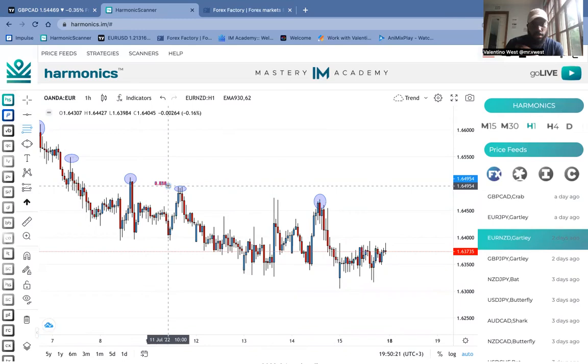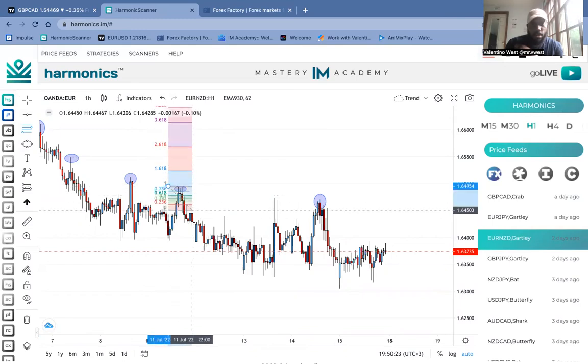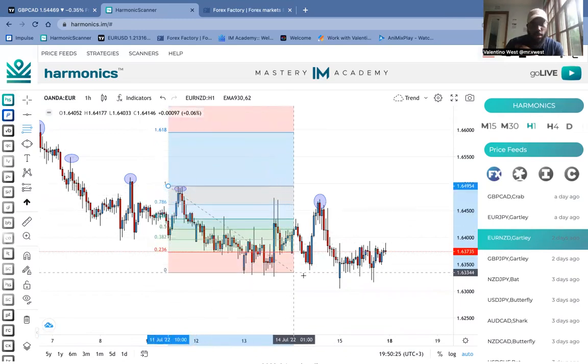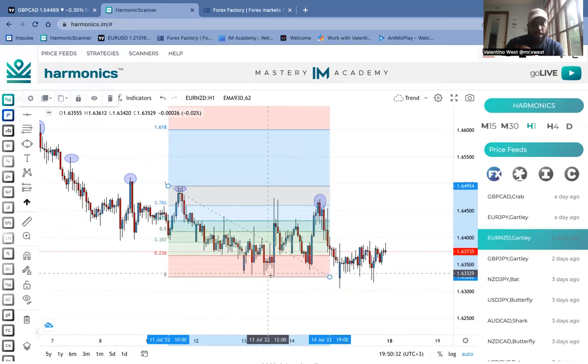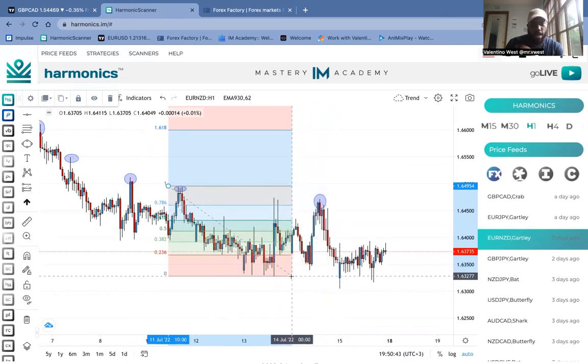So if I fib from here and I go about here, the reason why I'm stopping at this low is because when the market was up here, this drop didn't exist yet. So right now this is the lowest point it's been to, and this is where we're going to be fibbing from.